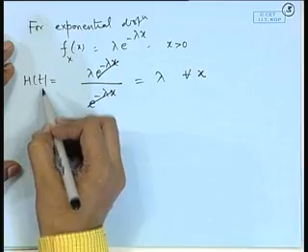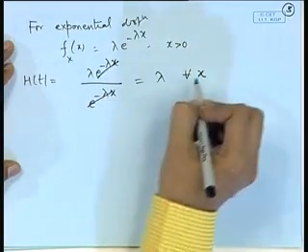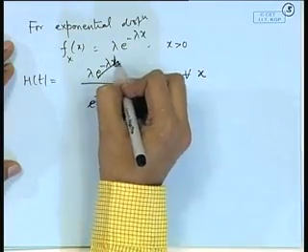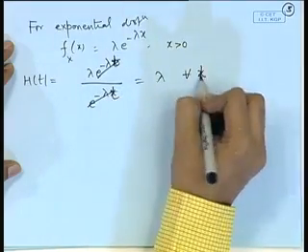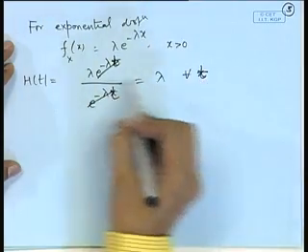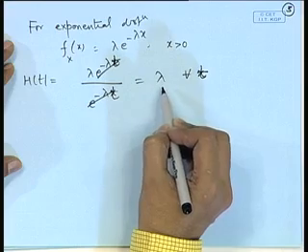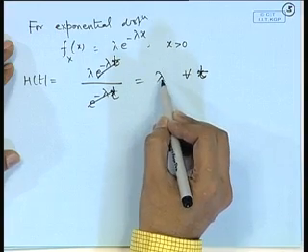That means, the hazard rate function, let us put t here in place of x, of the exponential distribution is independent of the time, that means constant failure rate.